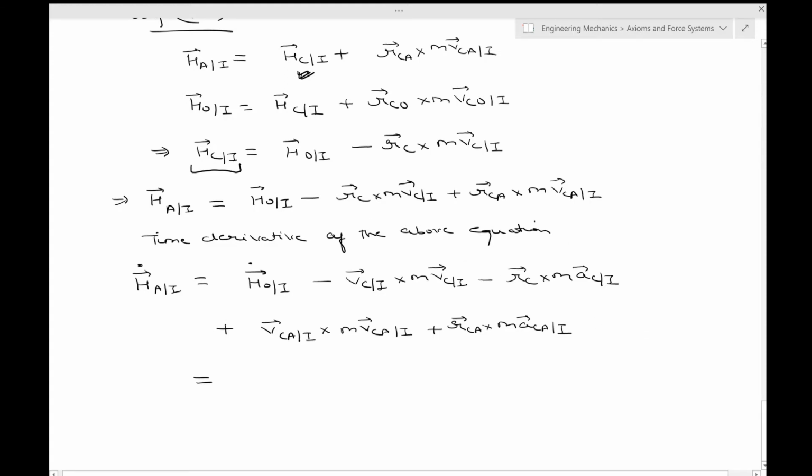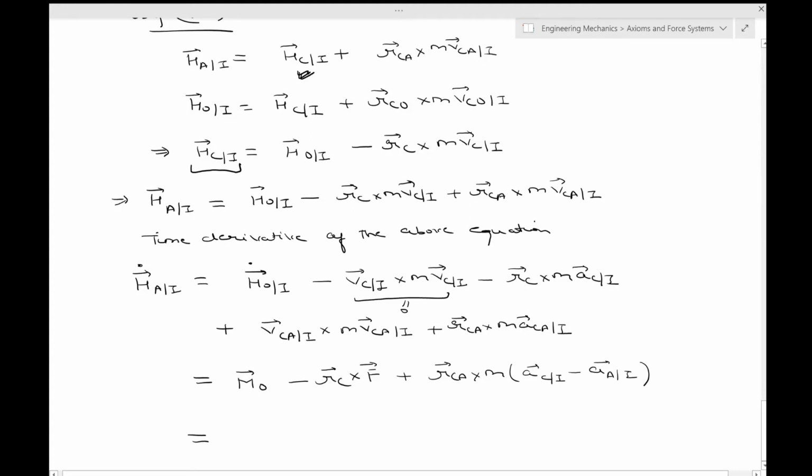Now we want to write this as MO minus RC cross F, plus RCA cross M times AC of I minus AA by I. This quantity will clearly be 0, since VC cross VC will be 0.